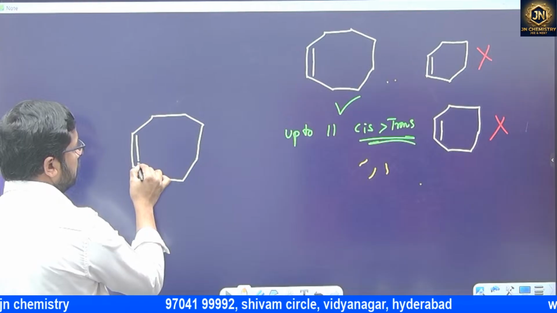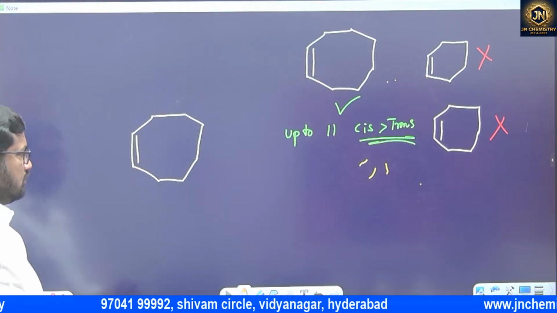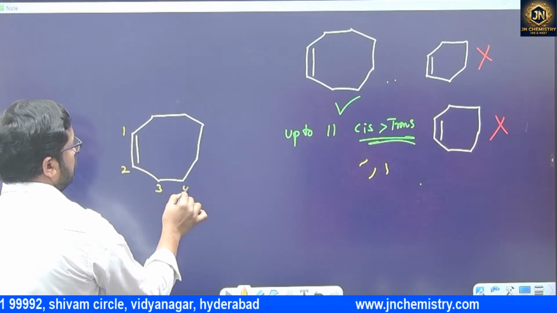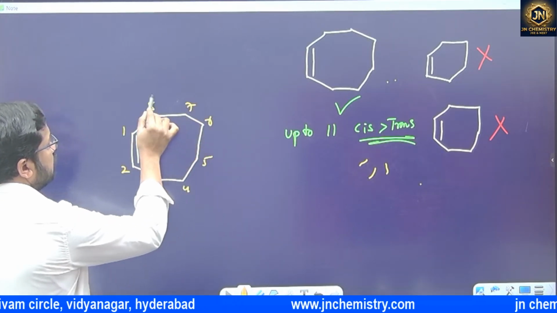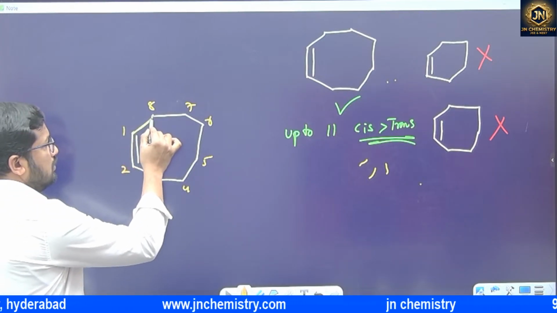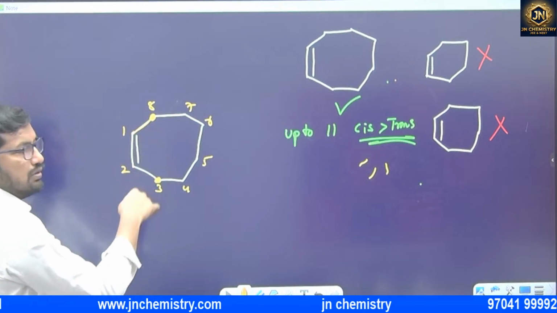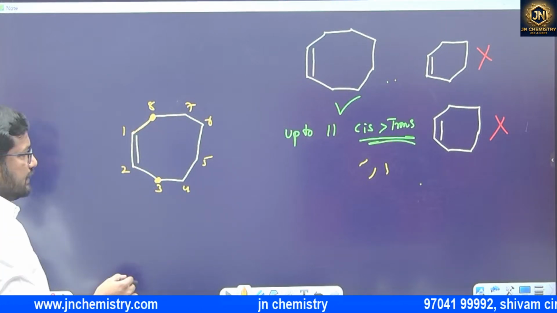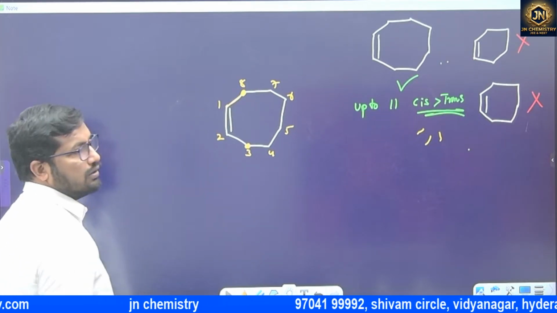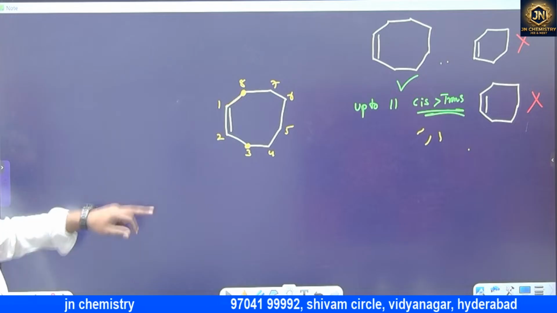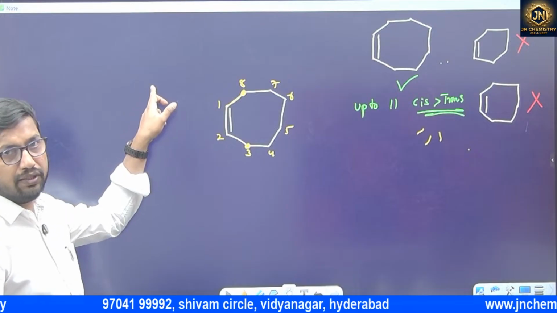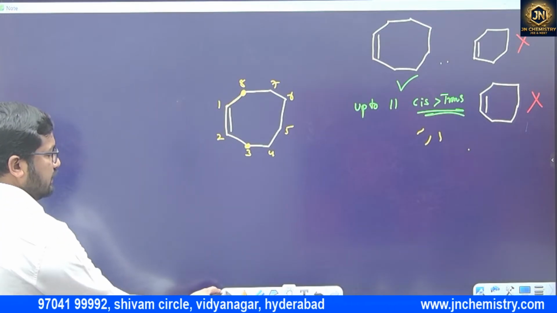Imagine, this is cis or trans? Two carbons are on the same side. Cis. So if we want to write the trans, what we need to do? Imagine the carbon comes to this side, but we are not breaking the bond.